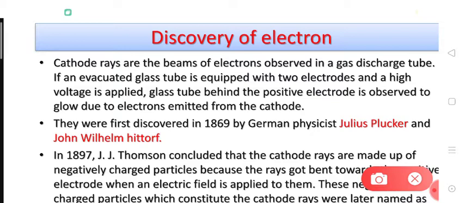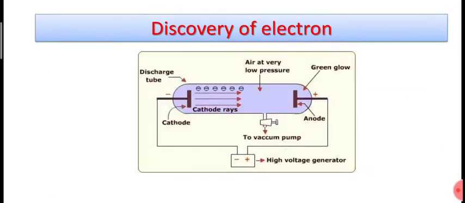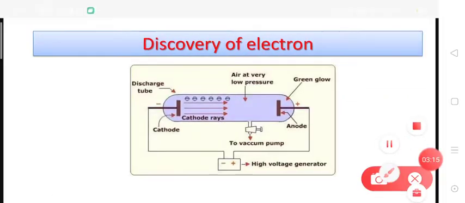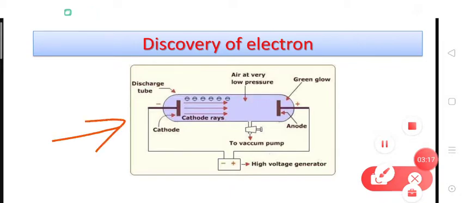The discovery of the electron was done with the discovery of cathode rays. Dear students, what are cathode rays? Let's understand this with the help of this diagram. In a glass discharge tube, a gas was taken at very low pressure.